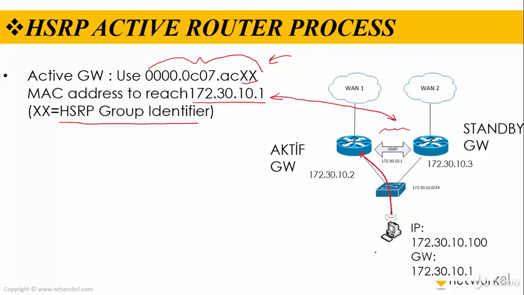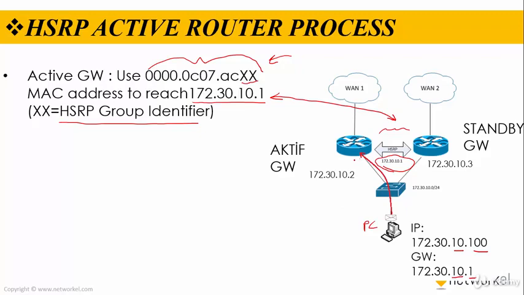Let's talk about the topology now. We have a PC in here which has an IP address of 10.100. The gateway address of the PC is 10.1, and please pay attention that that's the HSRP IP.